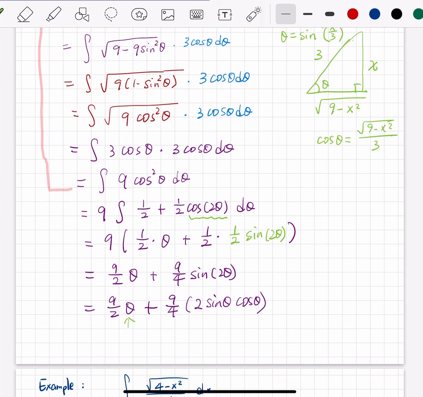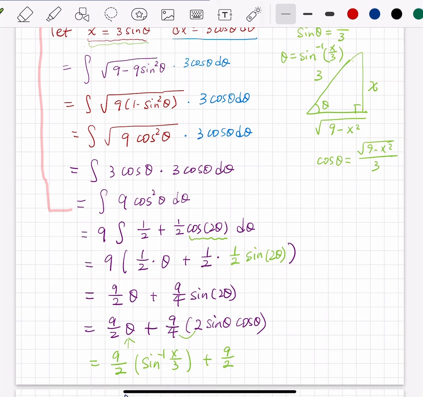Putting everything back together, we got 9/2 times arcsine of x/3 plus 9/2, by multiplying the 2 and the 9/4, times sine of theta, which is x/3, and then cosine of theta, which is square root of 9 minus x squared over 3.